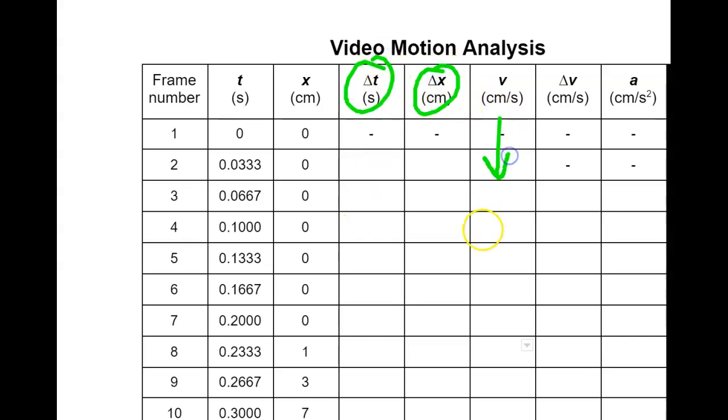So in this column here, we're using this delta x over delta t at the time.